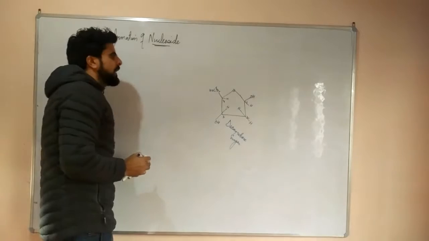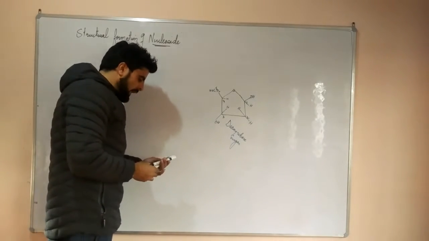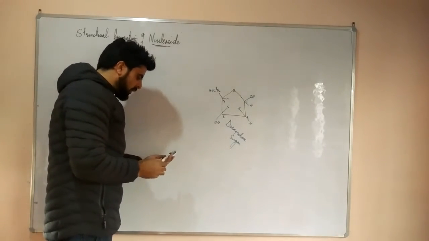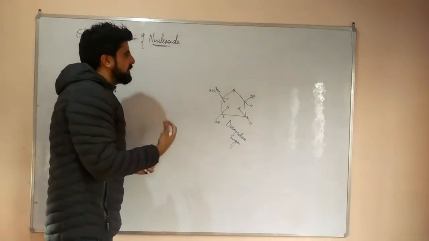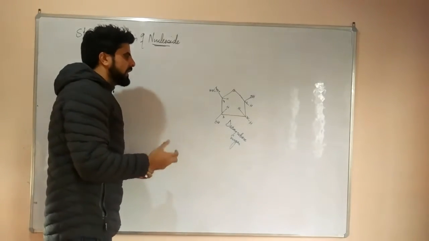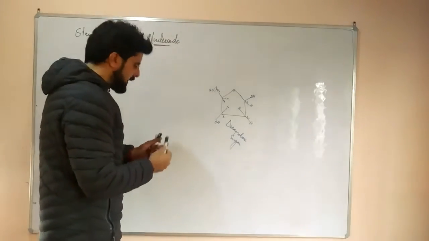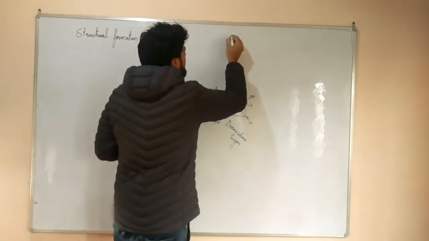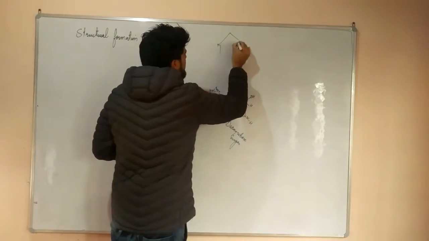Now it has to combine with the purine or pyrimidine to form the nucleoside. Let's first take the structure of a purine, how it binds, what the bonding is called, and which two items are involved in the bond formation. Let's take the structure of adenine. If I am making an adenine here, say this is the structure of adenine.